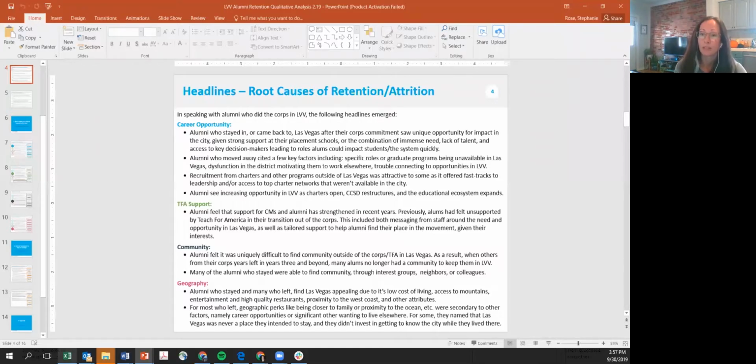And we did this all based on the hypotheses that we had arrived on when we did that initial sort of defining the problem step as the region and OWLS got together to talk about that. And so here on the screen, you can see some of the root causes that we identified. Some really positive things, like people who had stayed in the valley or came back, they just saw tremendous opportunity.